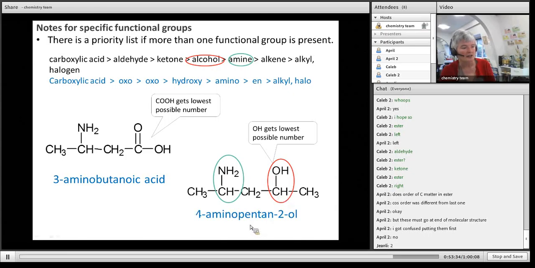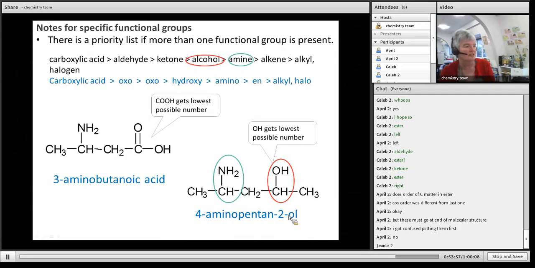Instead of counting 1, 2, 3, 4, the dominant one has to have the lowest number, so I count from the right. 1, 2, 3, 4, 5. So it's 2-ol, the dominant one goes at the end, and then the other one becomes a side chain. So it's 4-aminopentan-2-ol.